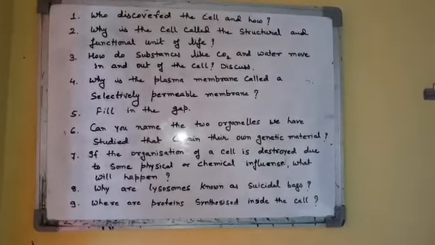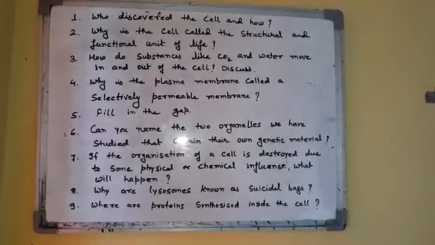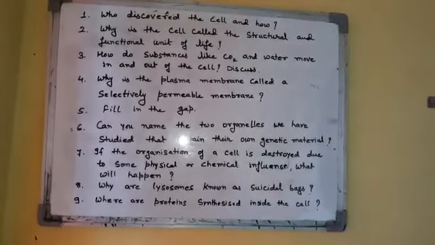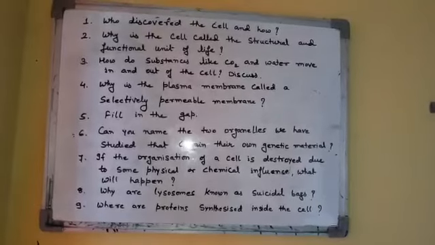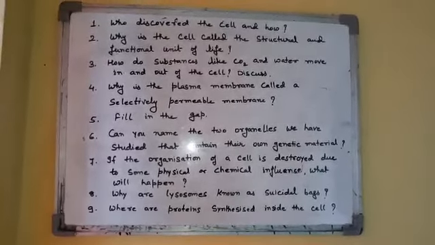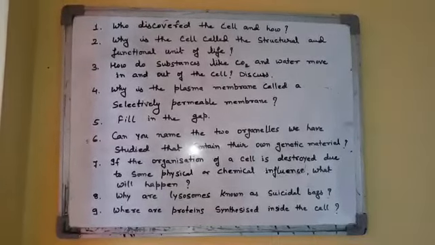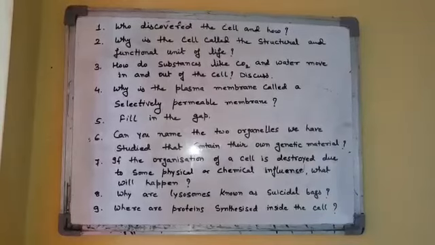The next question, where are proteins synthesized inside the cell? You will write down the name of the organelle. There are two organelles. Students often get confused. One organelle is responsible for protein synthesis. It is the smallest organelle of the cell.